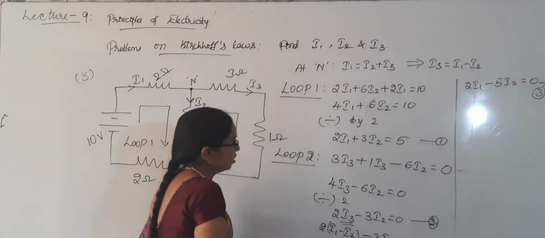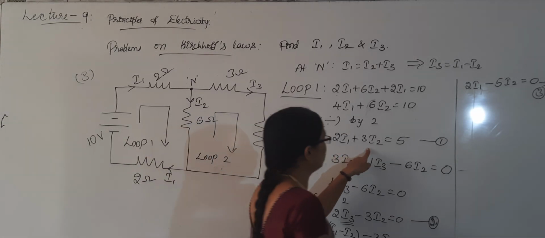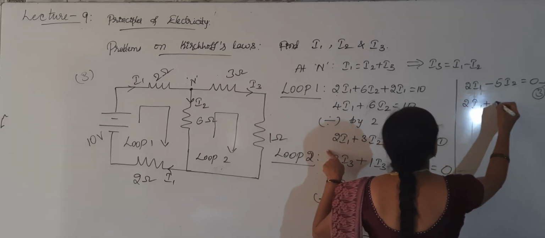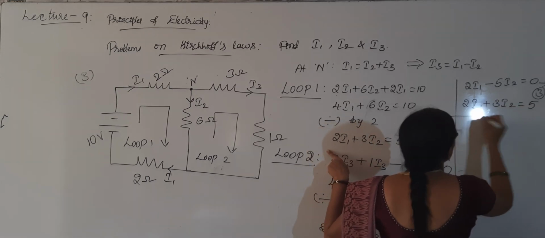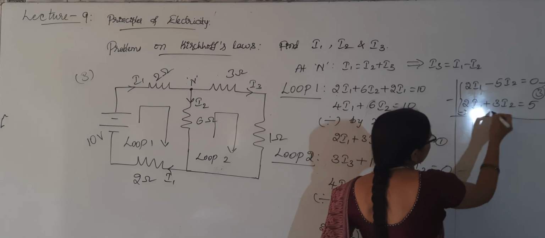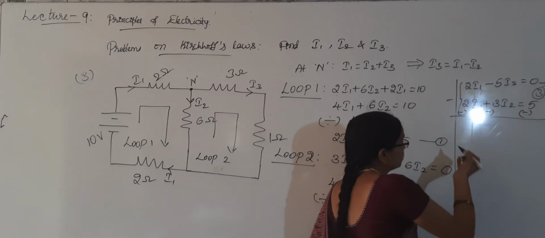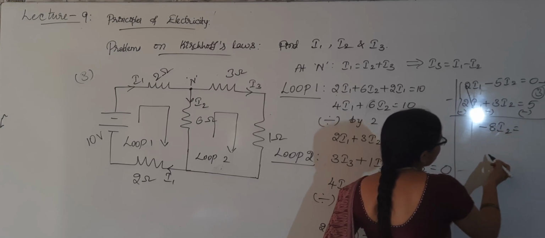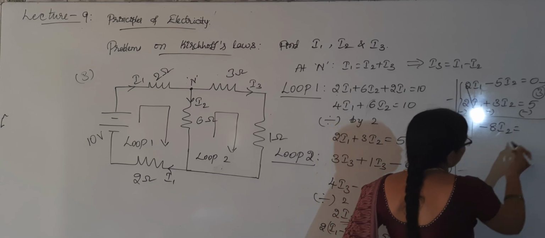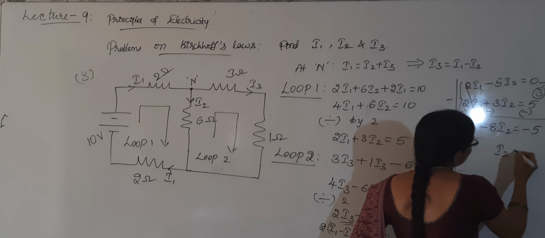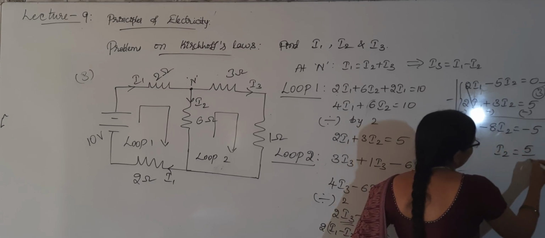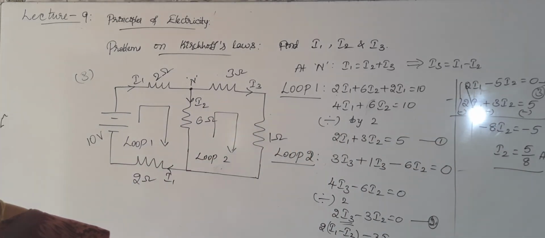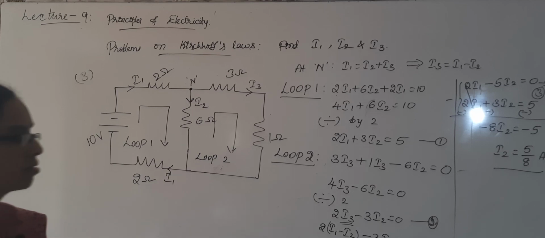Okay. What is the first equation? 2I1 plus 3I2 is equal to 5. If I subtract this, it will change the sign. So minus 8I2 is equal to minus 5, minus minus gets cancelled, 5 by 8 amperes.